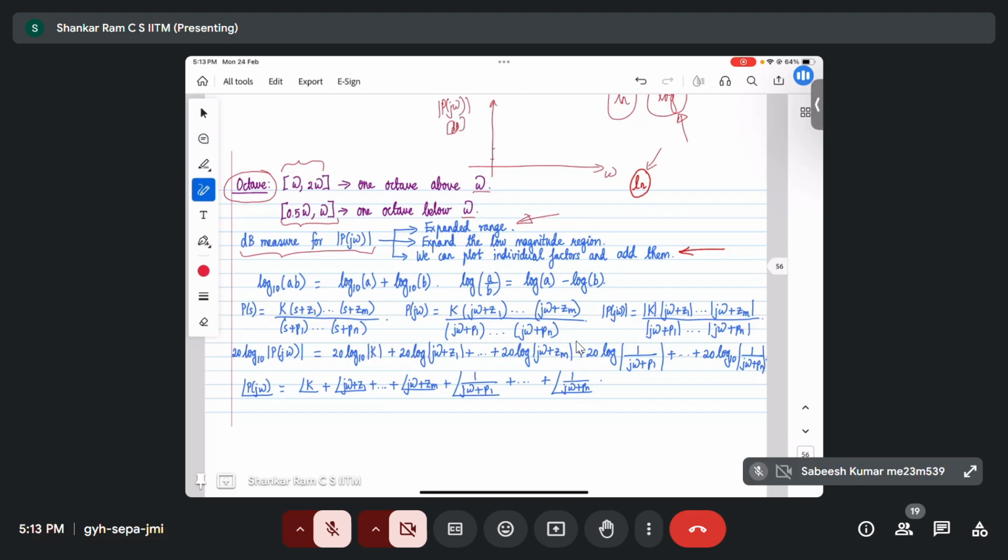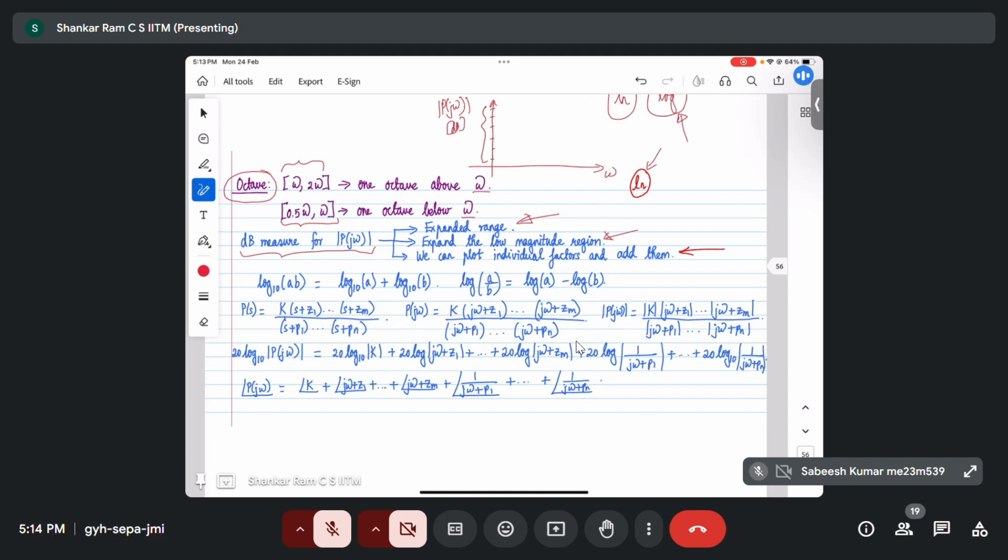You and I can plot a huge range of values using a decibel measure. So that is an advantage of using a logarithmic measure. Once again, just like frequency, we can expand the low magnitude region, even if magnitude is less than 1.